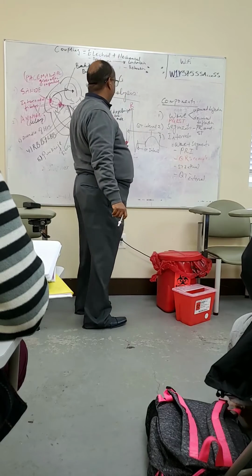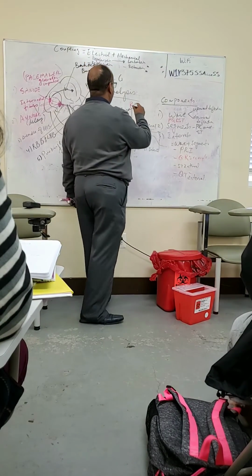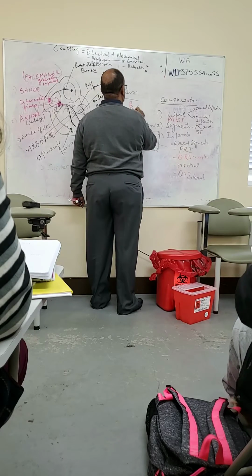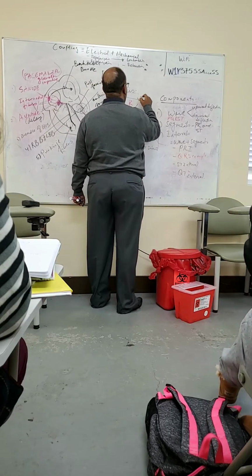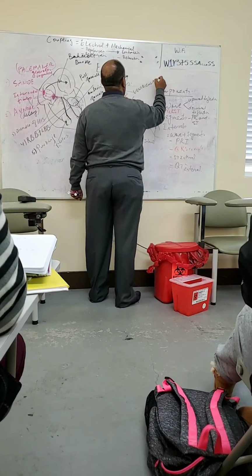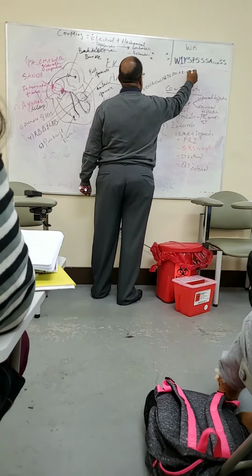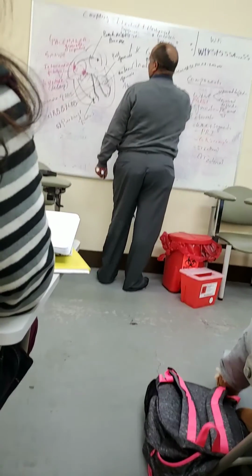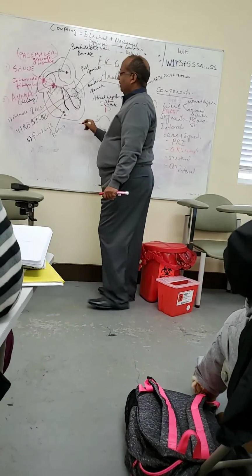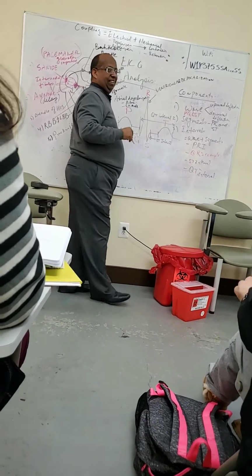Now the next will be QRS. So QRS shows me ventricular depolarization. It means anything on the ventricles is done by QRS.